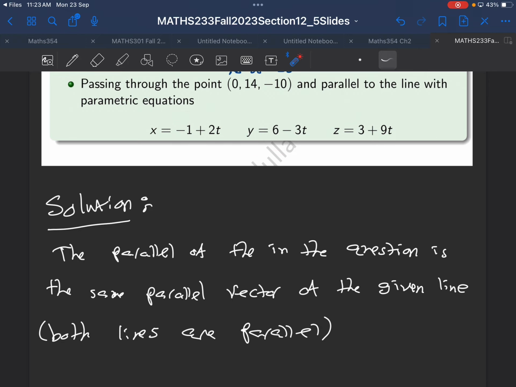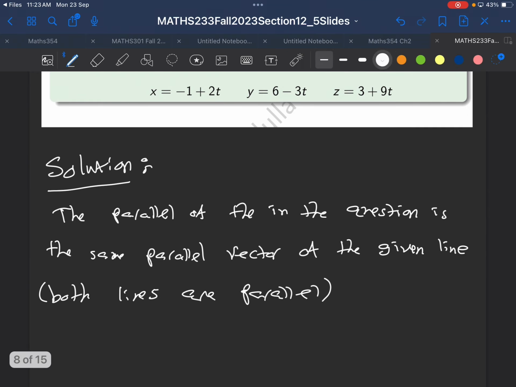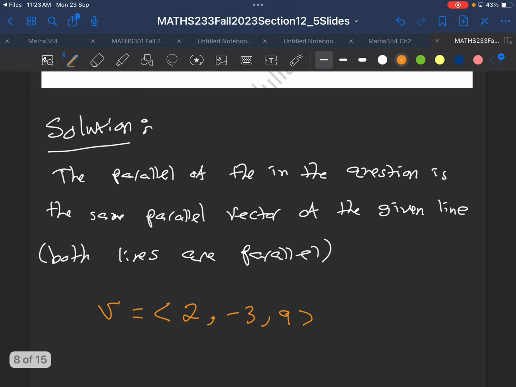Now, how do we find the vector? The vector, which we will call v, we know that those are the numbers in front of t. Now, what are the numbers in front of t? We have 2, -3, 9, and those are my a, b, c.